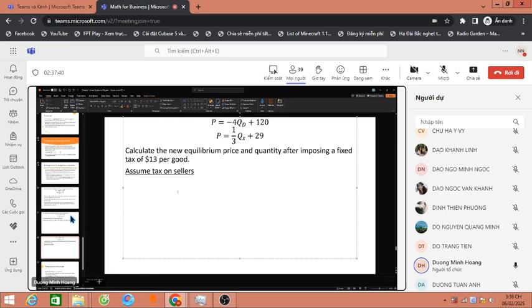If it changes the behavior of sellers, that means your supply function will change, because the supply function reflects the behaviors of the sellers. So if the sellers change behavior, then your supply function has to change. So how does the supply function change?